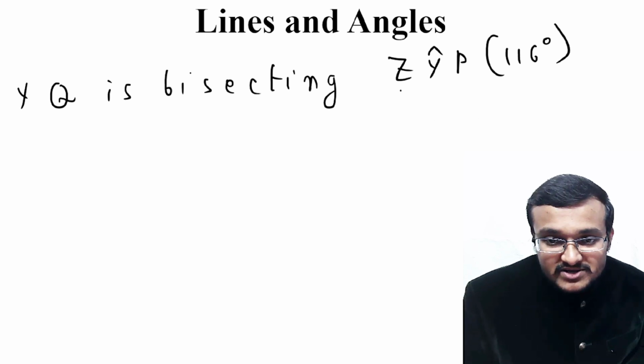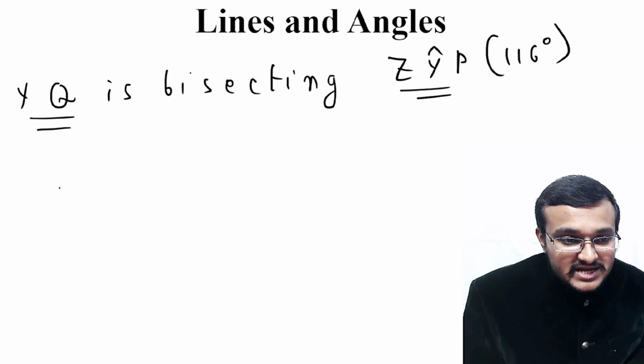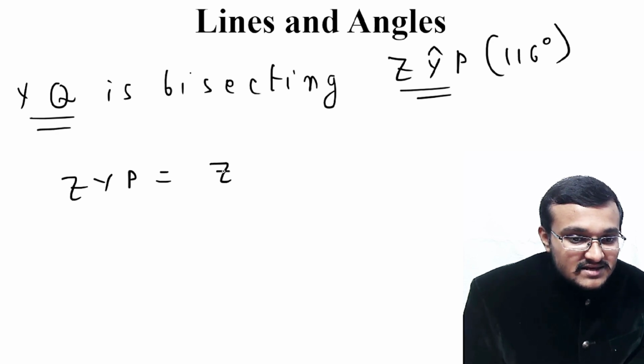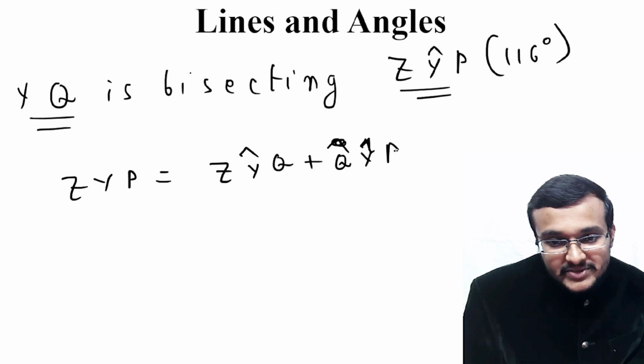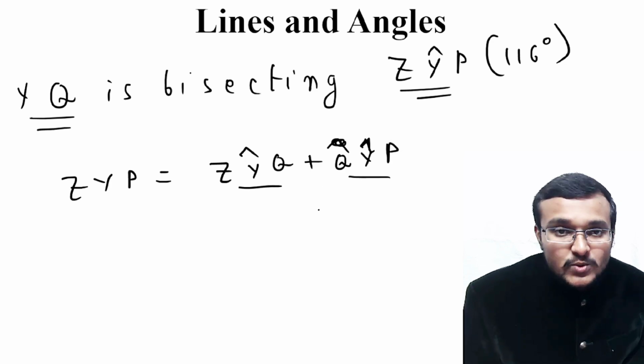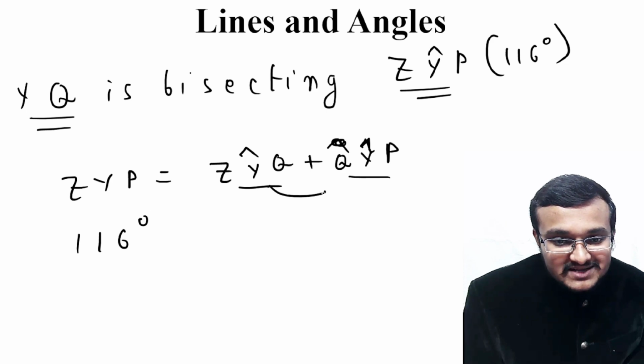This also you should remember. So ZYP is bisected by YQ. That means ZYP can be written as ZYQ plus QYP. So here 116, and these two angles are equal because it is bisecting.